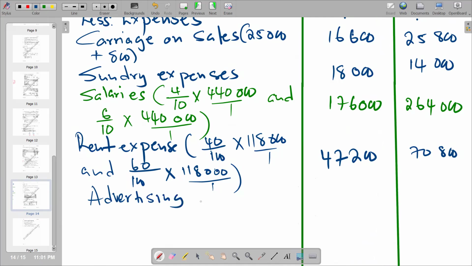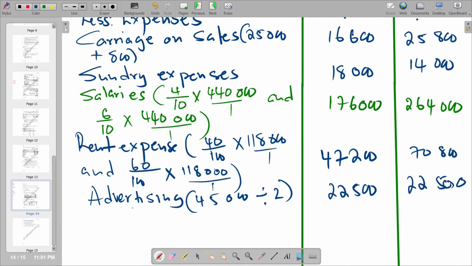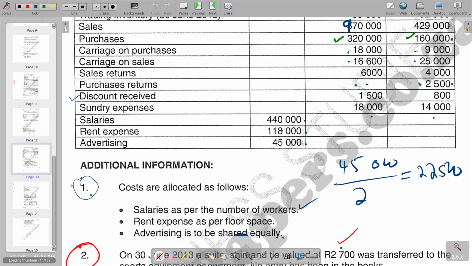It's just 45,000 divided by 2, and we got 22,500 and 22,500. So this is what we have on that advertising.